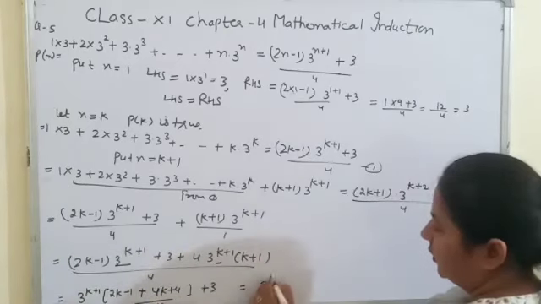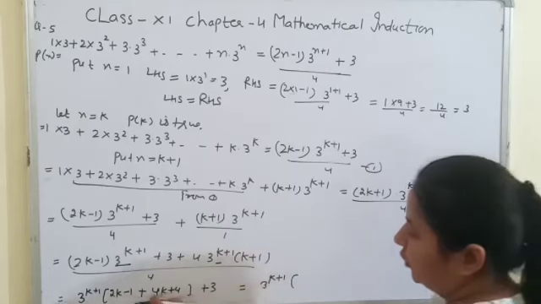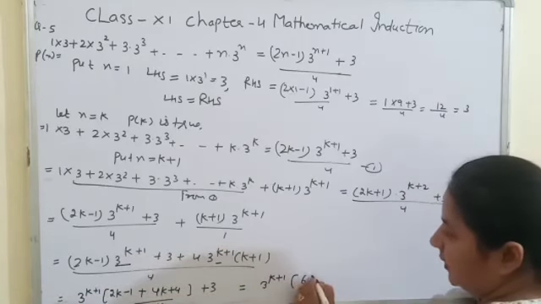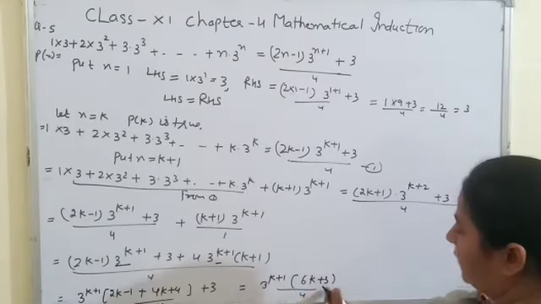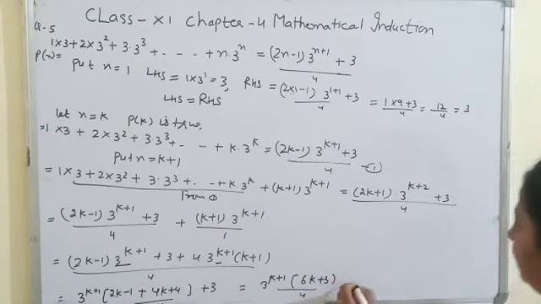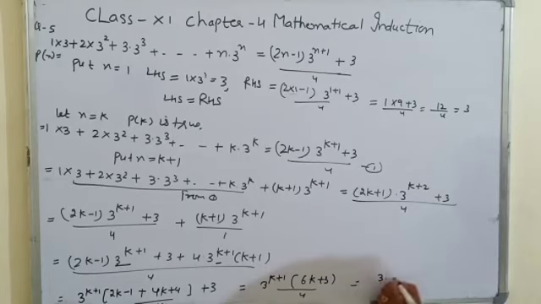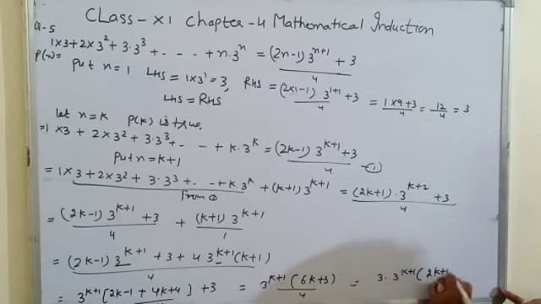Now 6k plus 3 upon 4. So we can take 3 common from this side: 3 into 2k plus 1 upon 4.